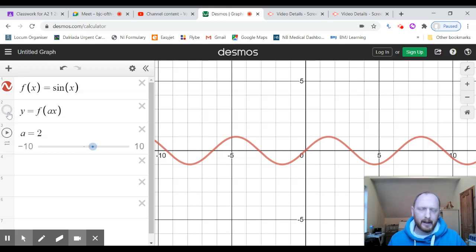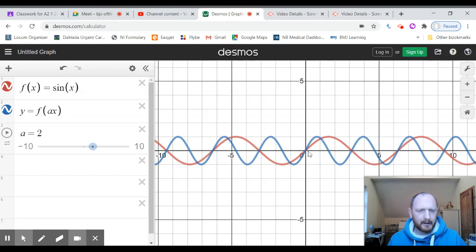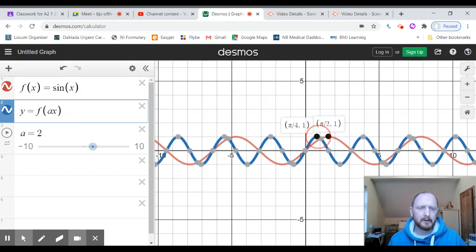So let's see what the graph of sine 2x will look like. What we can see is that we've got one full cycle of sine in red, and within that we now have two full cycles of sine 2x. We can see that the peak was at (pi over 2, 1), and the peak of the blue is now (pi over 4, 1), so the x value has been halved.